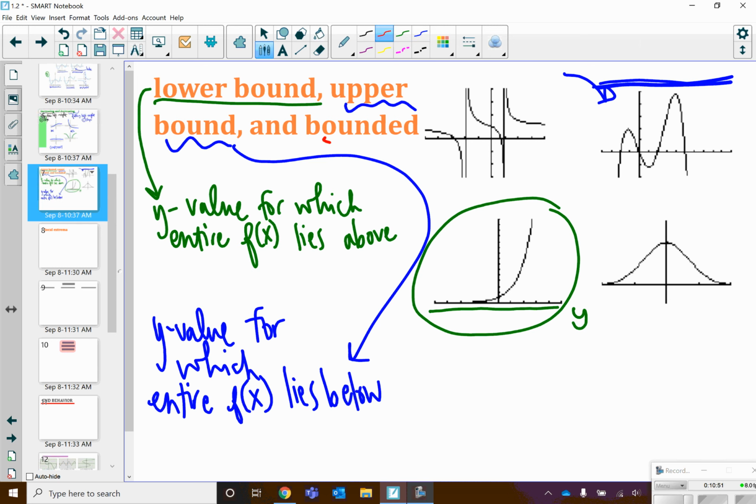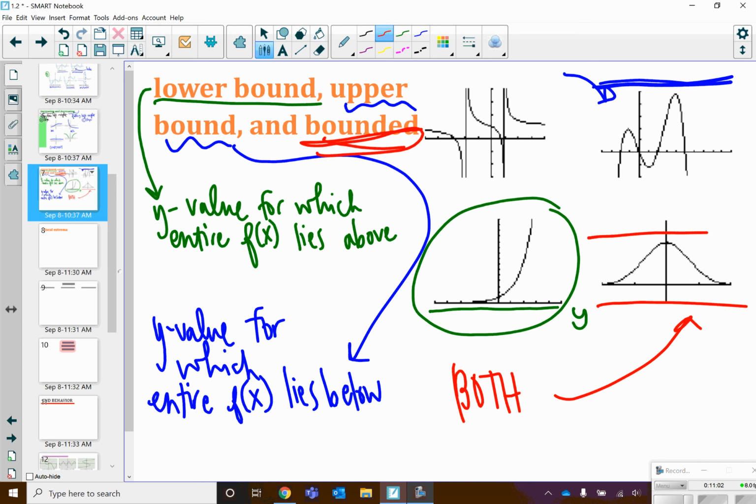And then to be bounded means it has both an upper and a lower bound. So this function right here has a lower bound and an upper bound. And then if we look at this first example, notice this function continues on forever and ever in both directions. It does not have a lower or an upper bound.